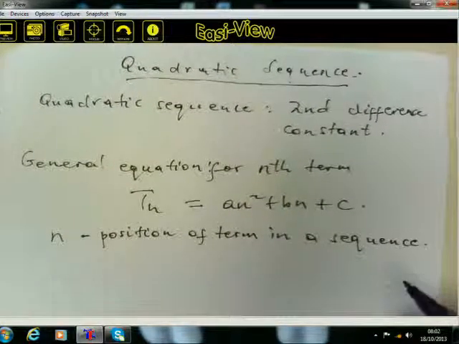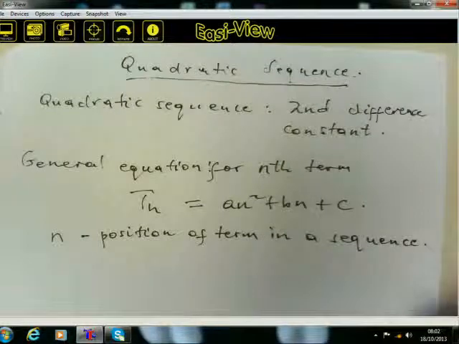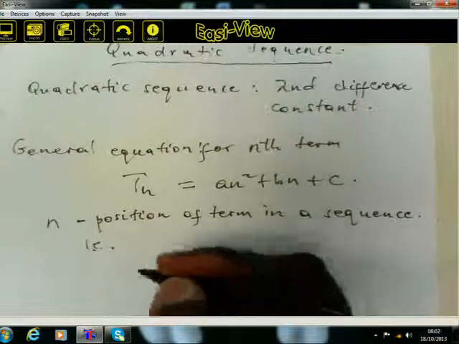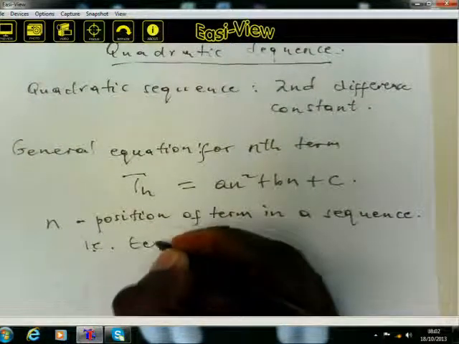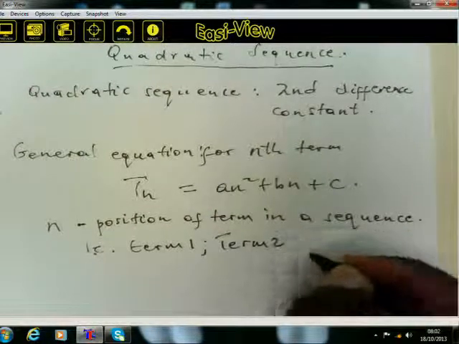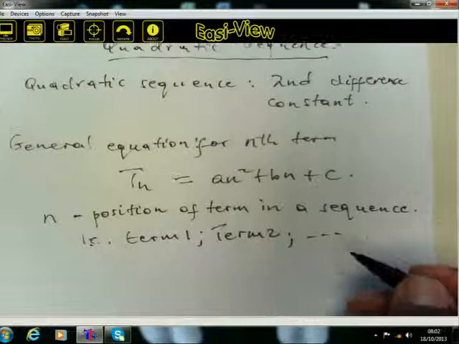Once more, N stands for the position of the term in a sequence. That is, term number 1, term number 2, and so on.